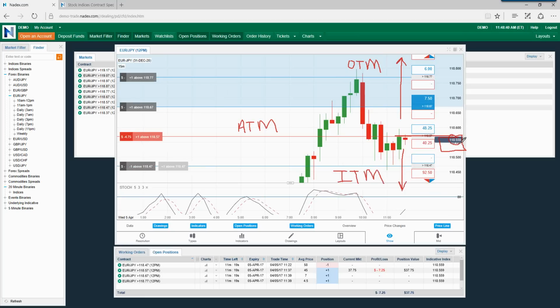Because price is up here and your strike is below. This is only on the buy side. So does everybody understand these terms in correlation to buying? Because for selling, they're the opposite.